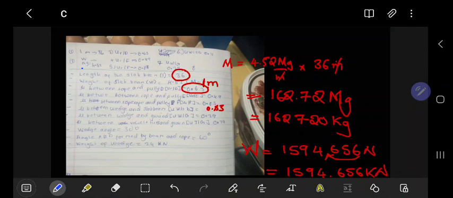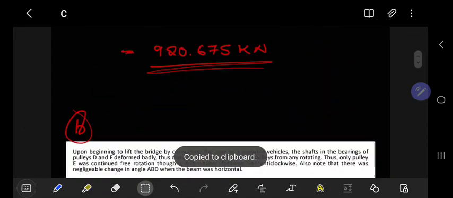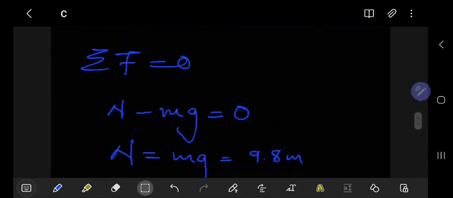There we have it. Between the vehicle tires and the ground, that is what they're giving us there. They're saying the coefficient of friction between the vehicle tires and the ground is 0.79. So we're just going to use this value in that calculation. Then we have everything that we need.